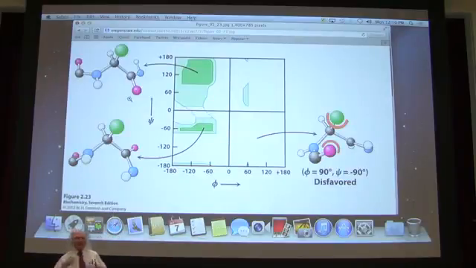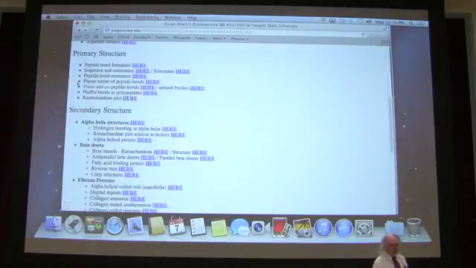And not only that, but we see commonality. We see these structures over and over inside of proteins, and we're going to talk something about that. So that's the gist of a Ramachandran plot. You're not going to draw a Ramachandran plot. You're not going to interpret a Ramachandran plot. But you should know something about what a Ramachandran plot tells you.